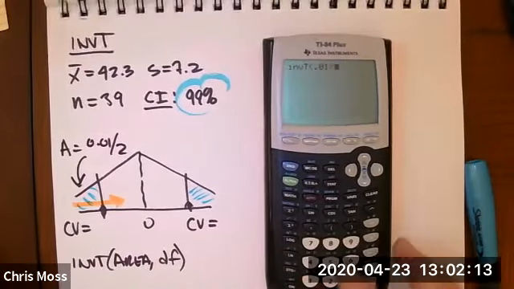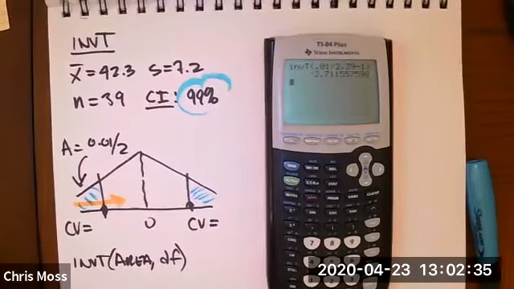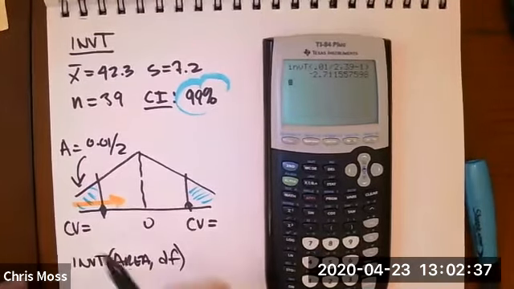I need a comma and then the degree of freedom. 39 minus 1 goes into play right there. Close them up. My calculator thinks for a moment and gives me a negative 2.711 and change. I like 3 decimal places, negative 2.712.